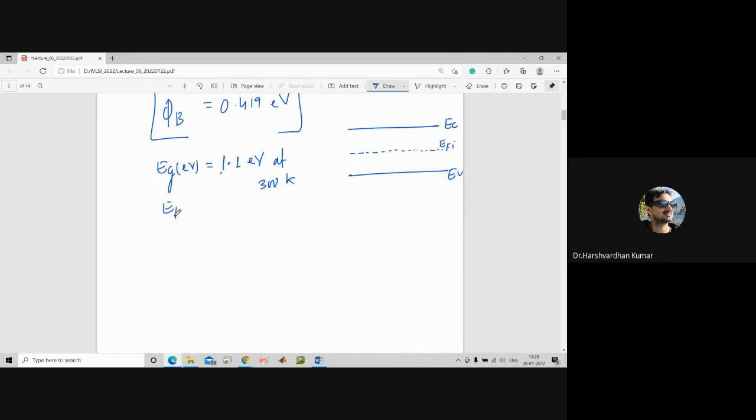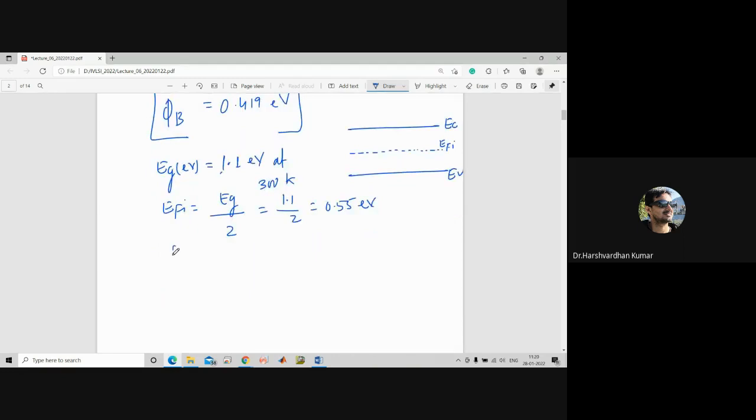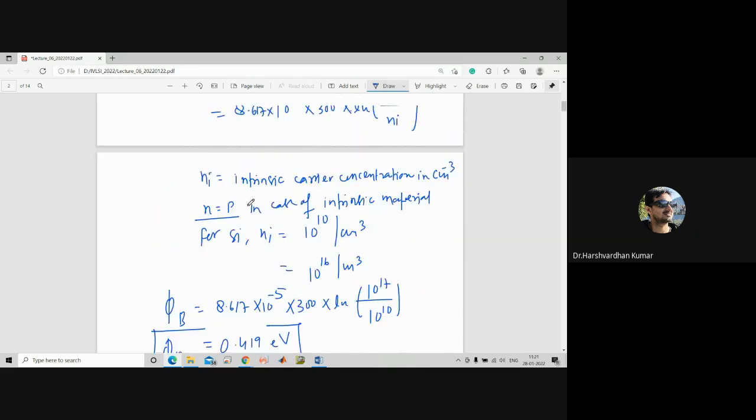EFi is equal to just Eg by 2, which is 1.1 divided by 2, that is 0.55 electron volt. It means that the value of phi b is less than EFi.